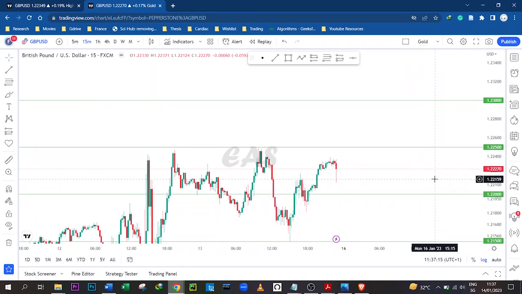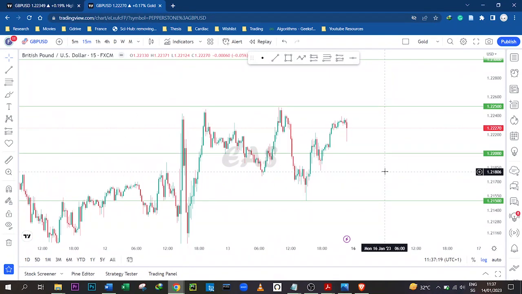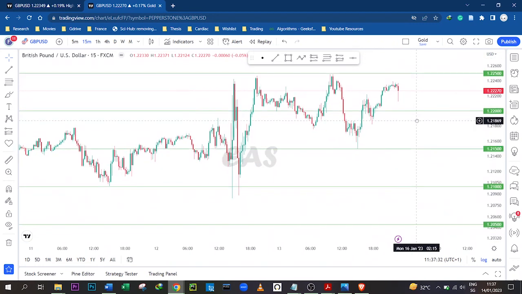I've separated these by 50 pips. So these are my psychological levels. These are places where price will get to, and there could be a reaction. It could be a support, it could be a resistance, or it could break through. Who knows? At the end of the day, we are speculating.